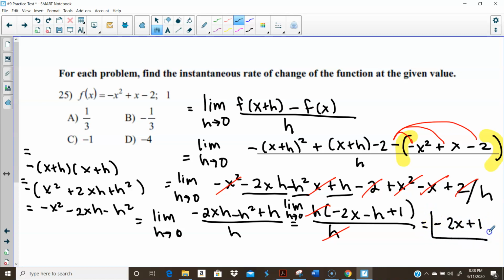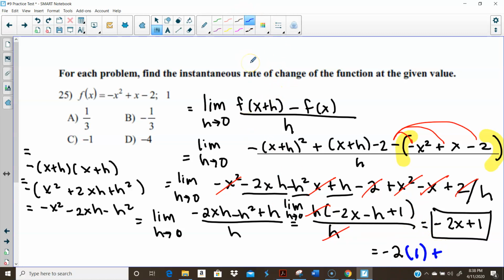Now, I am not done yet because I want to know the rate of change when x is equal to 1. So all I have to do is take this derivative and plug in 1 for x. So negative 2, I'm going to plug in a 1 for x. So times 1 plus 1.